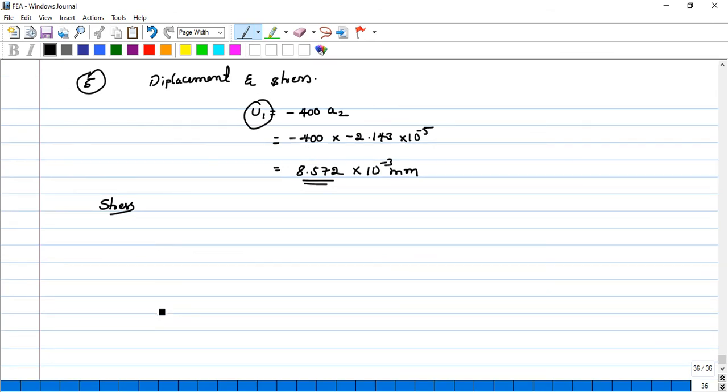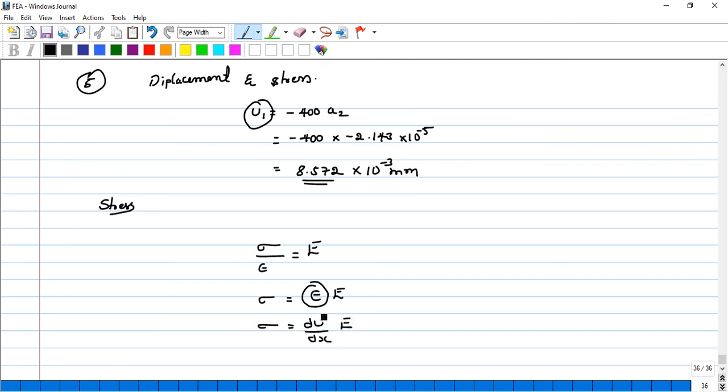Again, from Hooke's law, I can write down this equation: sigma by epsilon is equal to E. Ratio of stress by strain is equal to E. So sigma is given by epsilon into E, and here the strain is nothing but the change of displacement, which we represent with dU by dX.